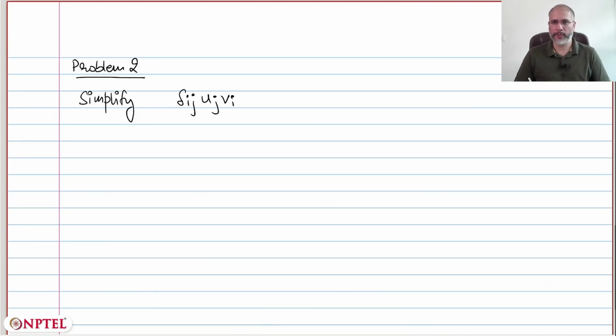So again, before we do anything, we will have to expand. But in this case, what we see is that we have a Kronecker delta, and we don't need to expand here because we can apply the substitution property in delta.